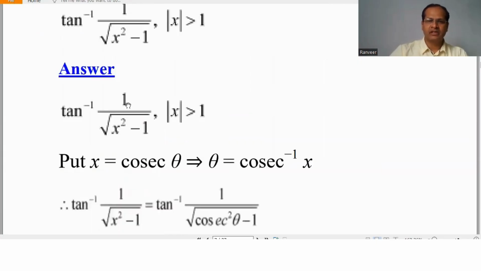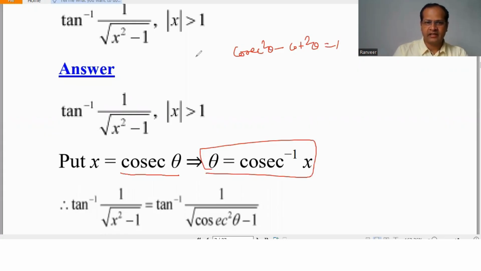Now x square minus 1, so we know the identity in trigonometry: cosec square theta minus cot square theta equal to 1. So in place of x we will substitute cosec theta, so theta will become cosec inverse x.